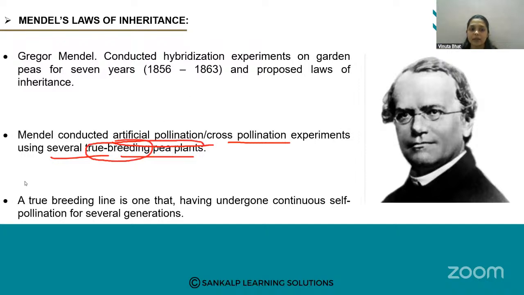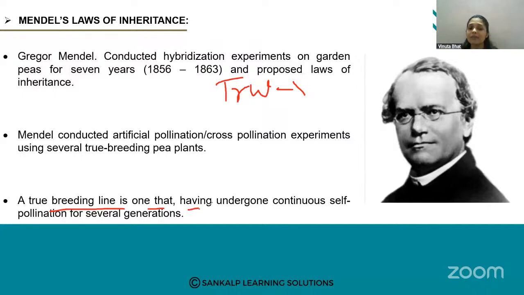True breeding means the pea plant lines having undergone continuous self-pollination for several generations. What is self-pollination? You have studied that in the first chapter, right? So true breeding pea plants continuously undergo self-pollination, not cross-pollination. That is called a true breeding pea plant.